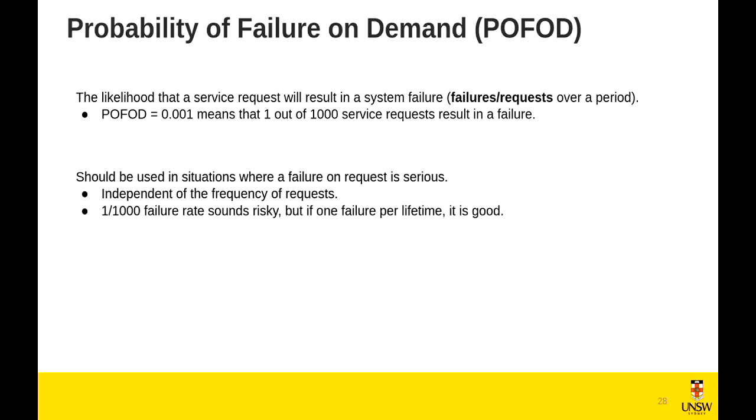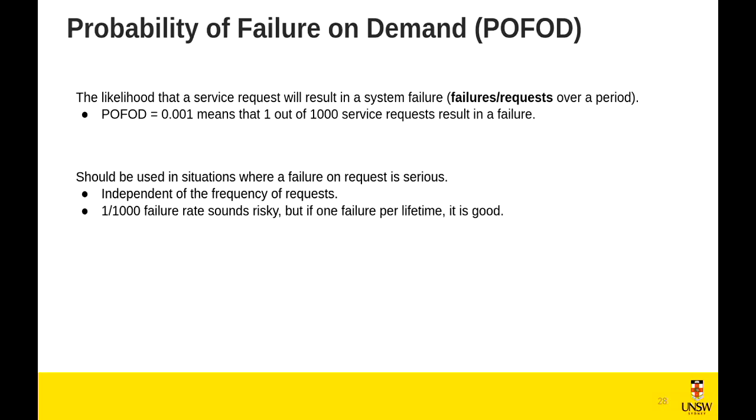And it should be used in the scenarios where a failure on request is serious. And we can also see that this is independent of the frequency of the requests.